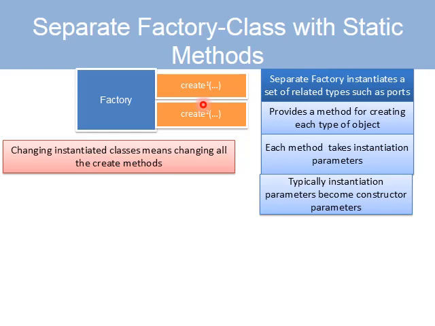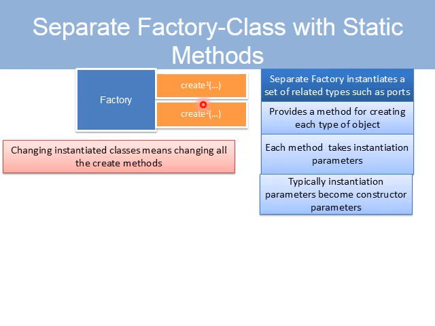So for the input port factory, I'm going to have an input port factory that has a create method that can create one thing or the other, and it can be static or instance. Let's punt on that a little bit right now. The factory is a singleton, so you can go either way. And in general, instance methods are good.